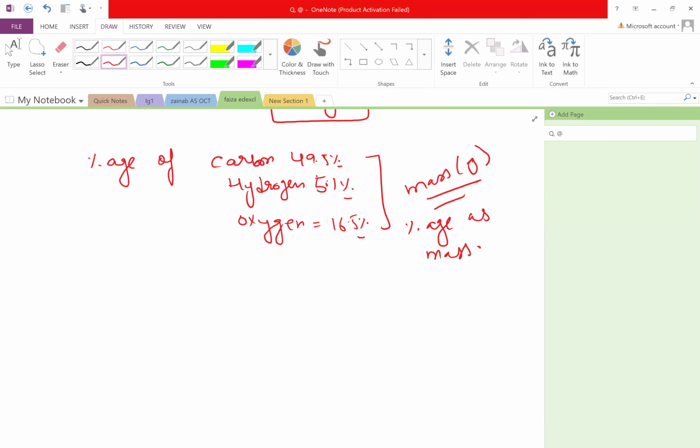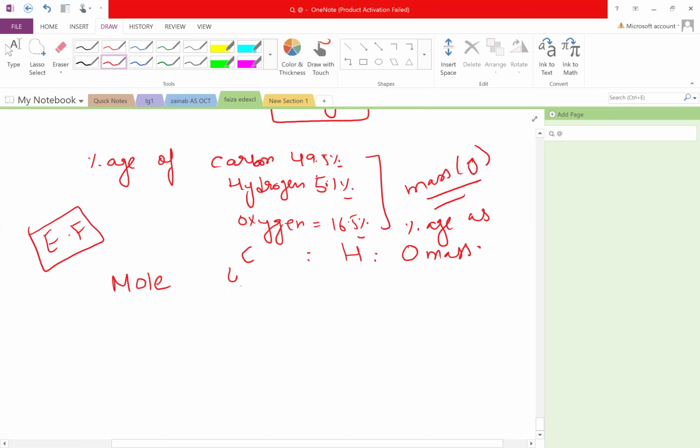So now the very first step, we have to find the empirical formula. The very first step, we are going to find the moles: moles of carbon, moles of hydrogen, moles of oxygen.